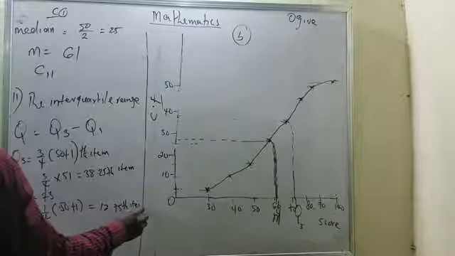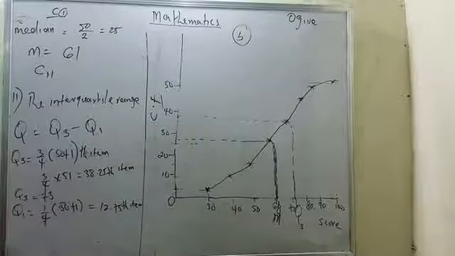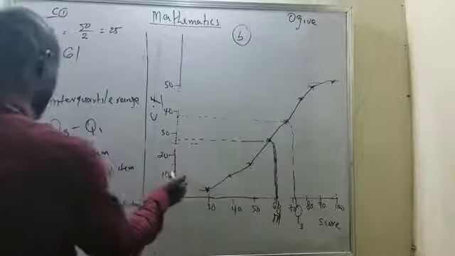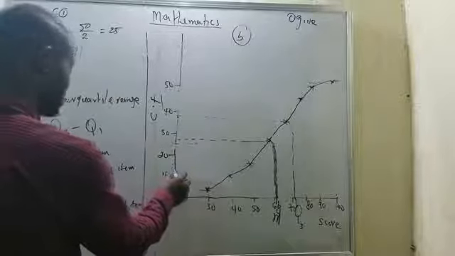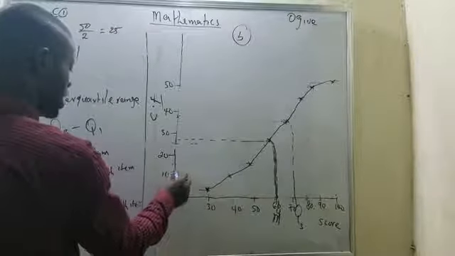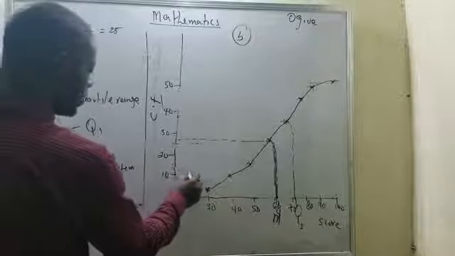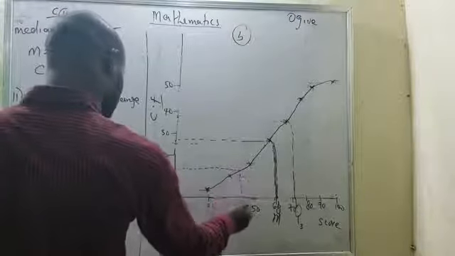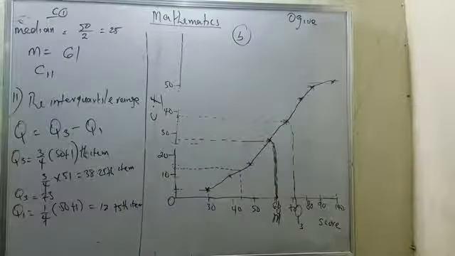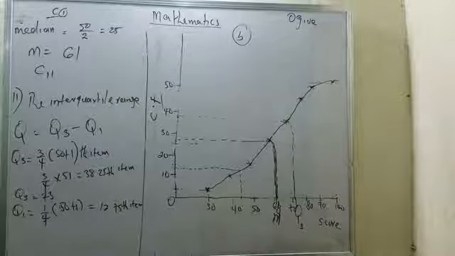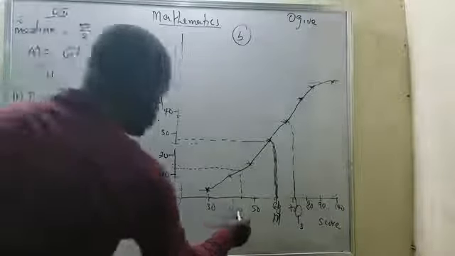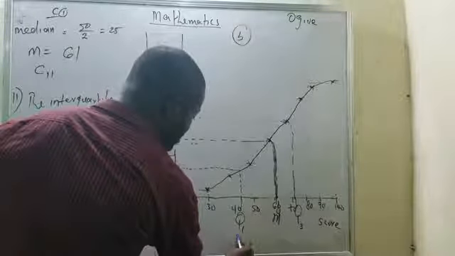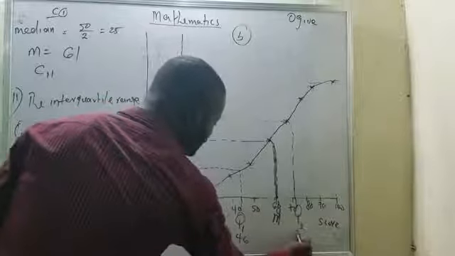Now, for the item, Q1, I have 12.75, which will be like this: 10, 11, 12.75. I will draw it and drop it down to wherever I have, which is going to be 46. Now, this one will be Q1, which is 46. This is 46. This is 73.